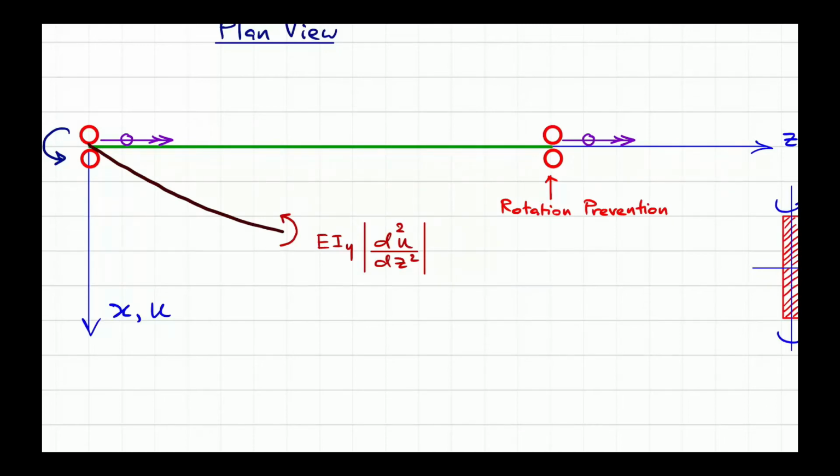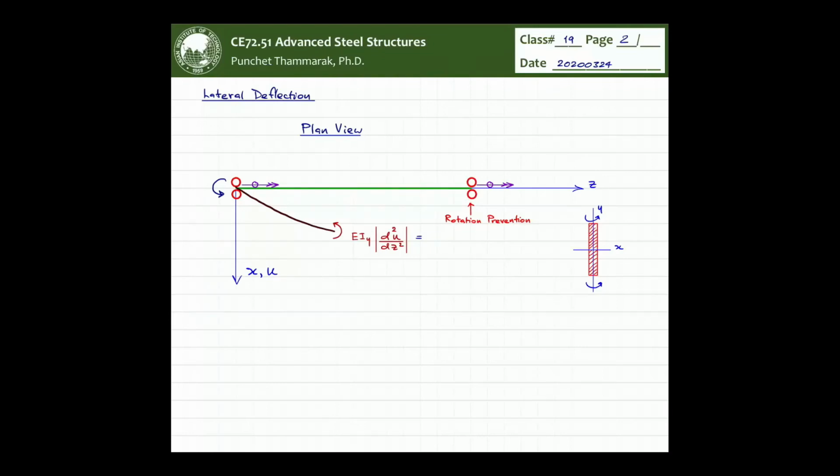The point is that, again, like before, now your x direction is pointing downwards, and this is your deformed profile. So the deformed profile over here is producing the negative curvature.